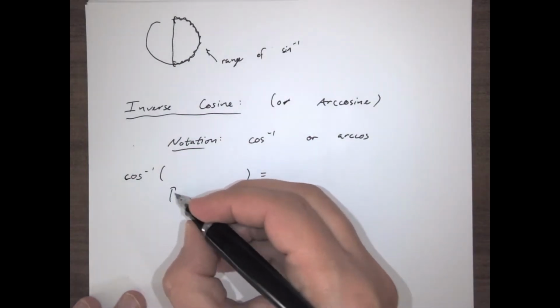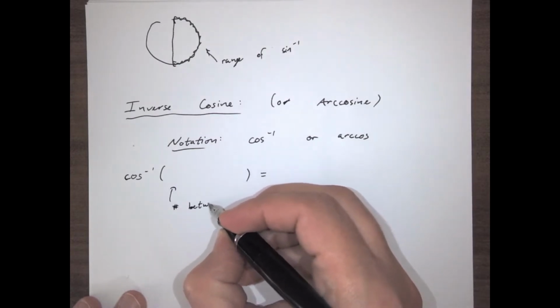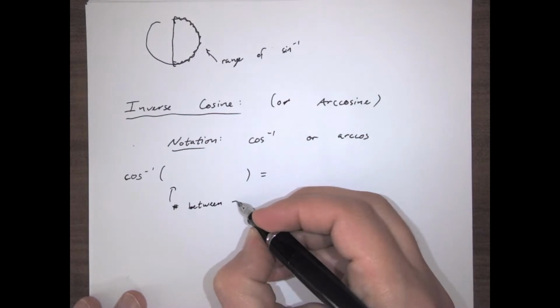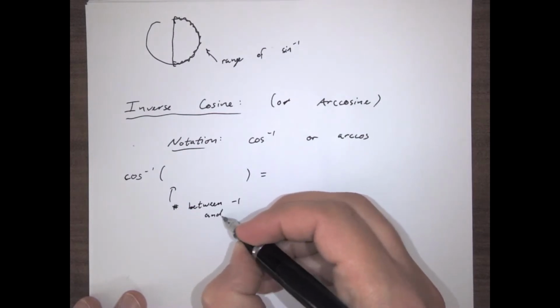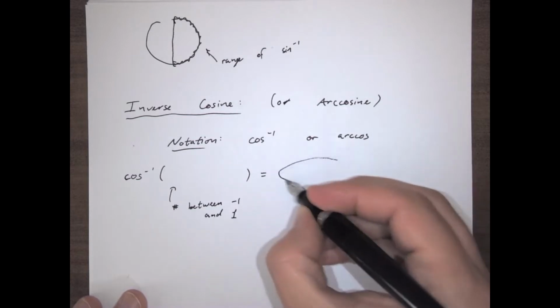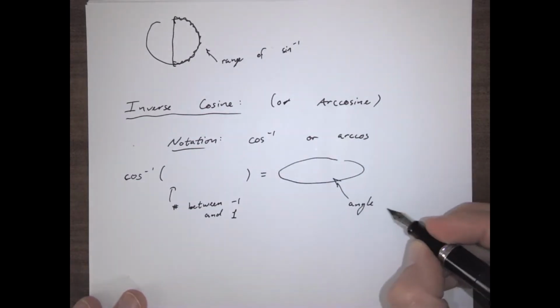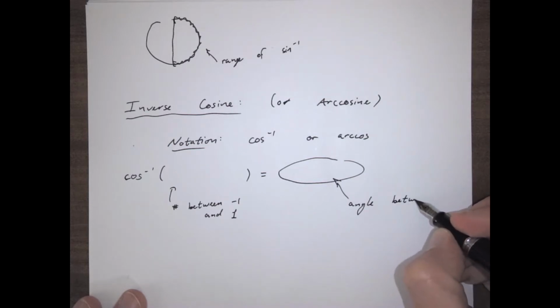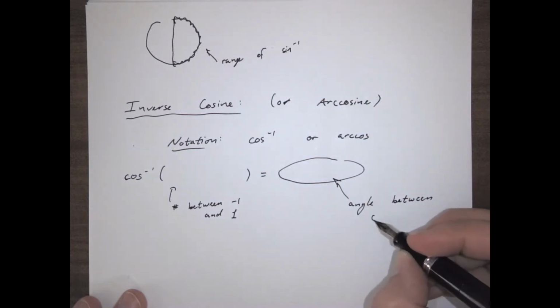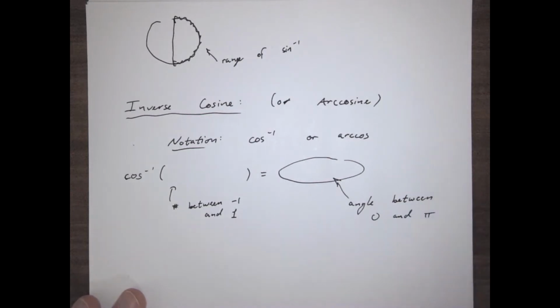So this will be a number between -1 and 1, and it will equal, over here, an angle between 0 and pi.